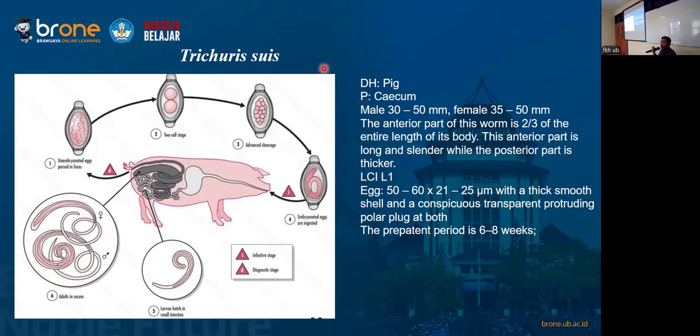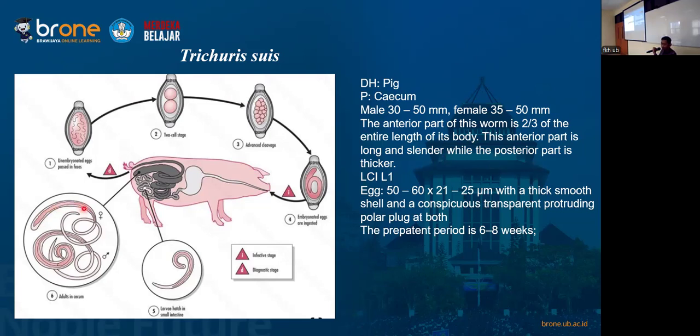Okay, now Trichuris suis has the pig as definitive host, and the predilection site of this worm is the cecum. The female is bigger.